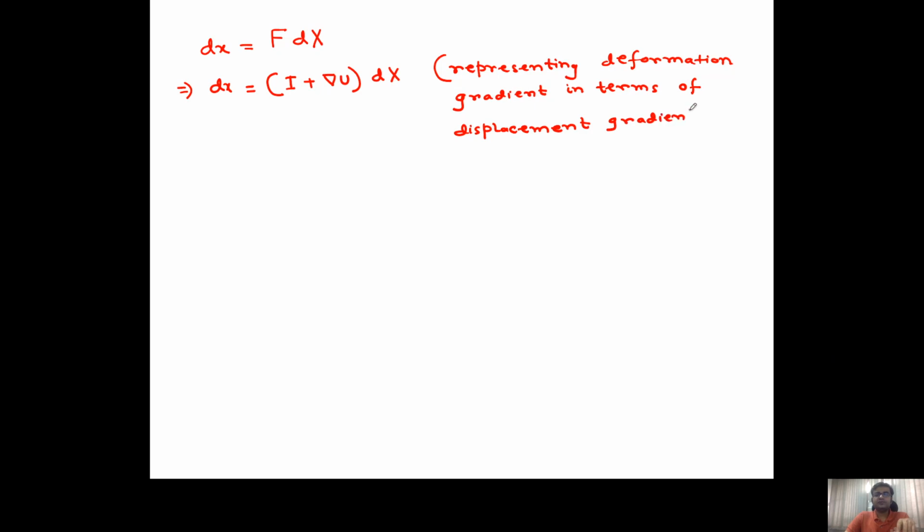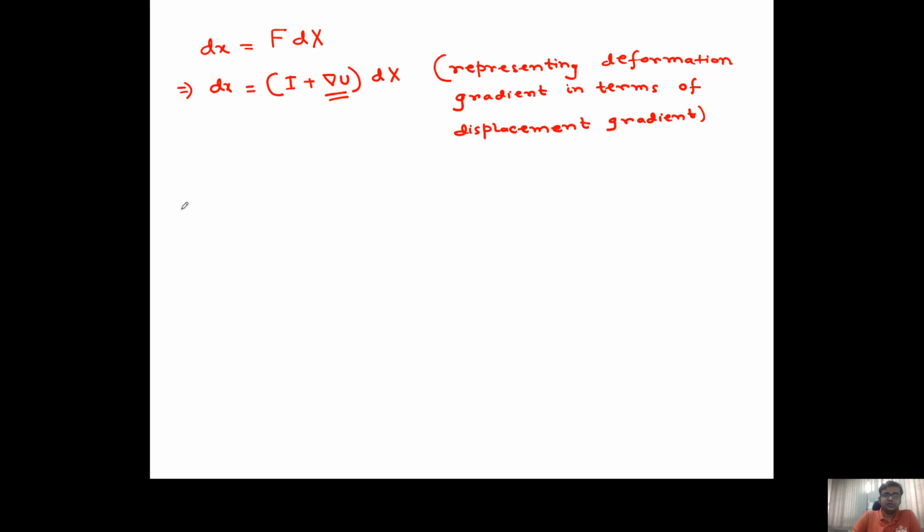Then this grad of u is a second order tensor, and any second order tensor can be represented as the summation of one symmetric matrix and one skew symmetric matrix.